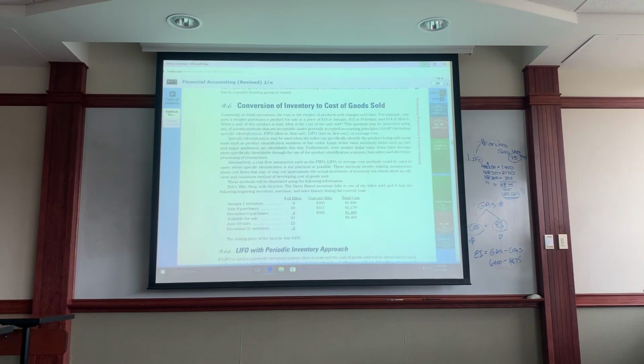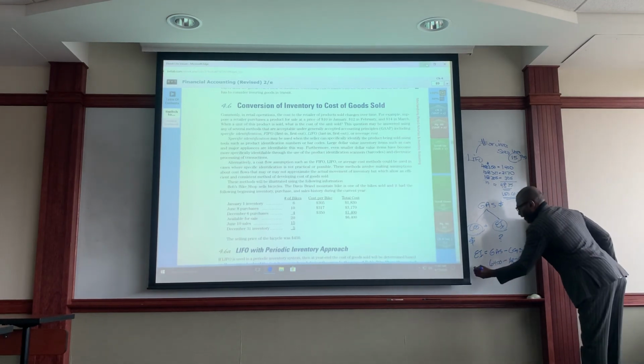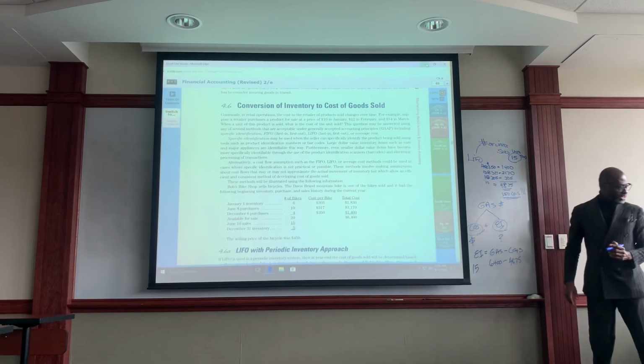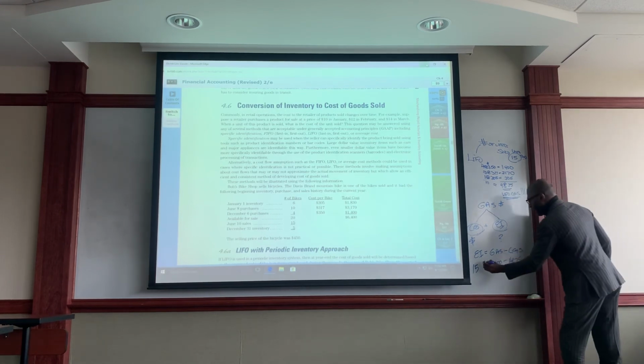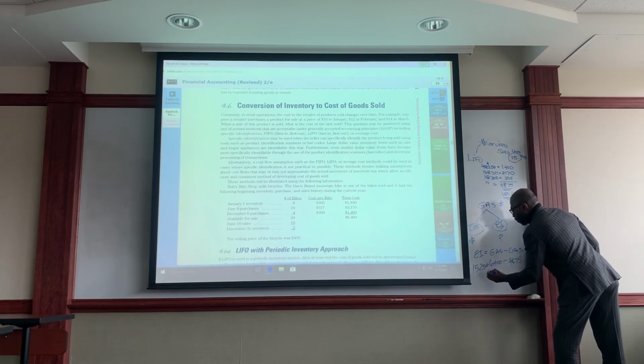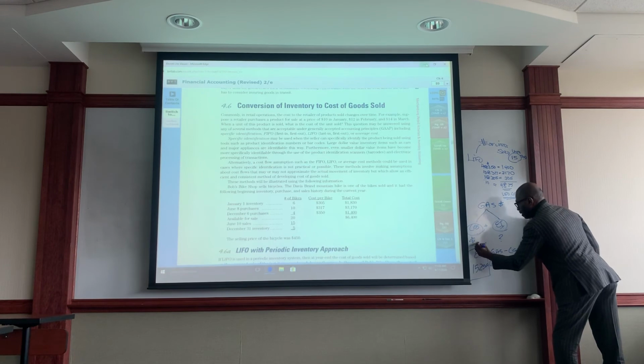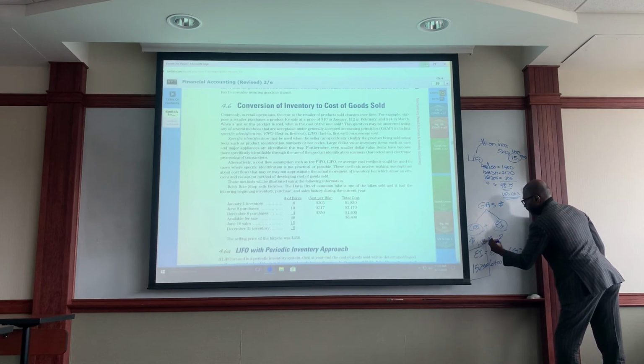You can easily see that those numbers were easily calculated by looking at the information that we had previously for goods available for sale, and then we subtract out the 4875, which is the cost of goods sold LIFO that we just calculated, and therefore we now have 1525, which is LIFO ending inventory.